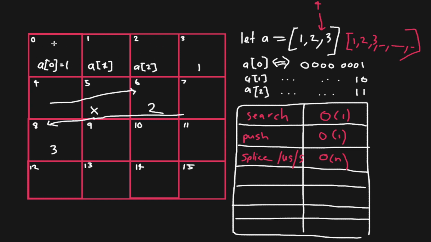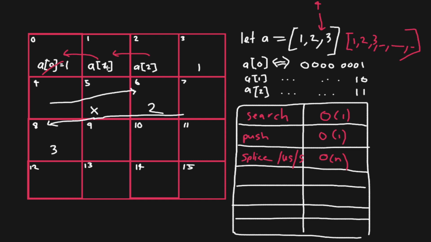So basically, if you want to get rid of this 1 here, but the array is pointing to this bit in memory here, you can't just simply remove this, but you have to shift this over 1 and shift this over 1. So then that now represents the first spot in the array.